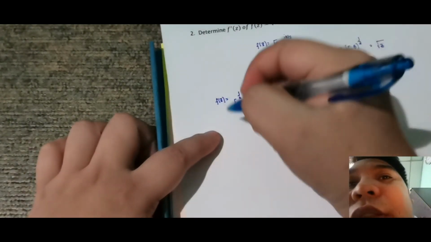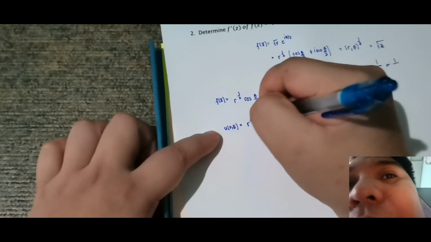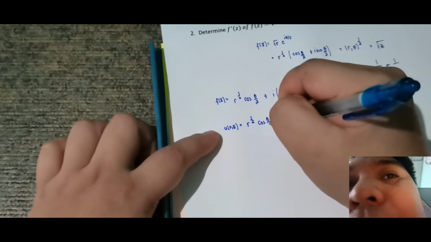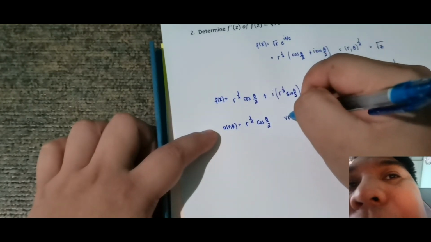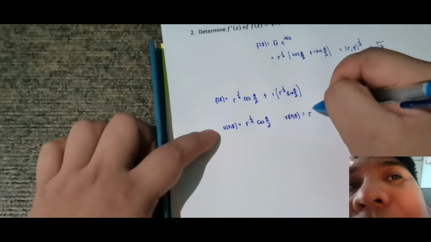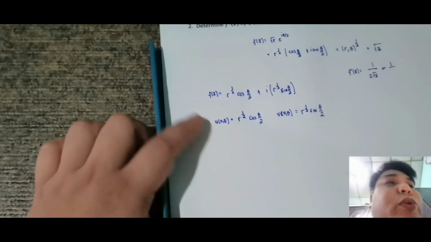Meaning yung u of r comma theta natin ay r raised to 1 half cosine theta over 2. Yung v of r comma theta is equal sa r raised to 1 half sin theta over 2.